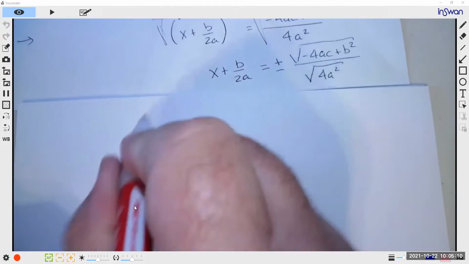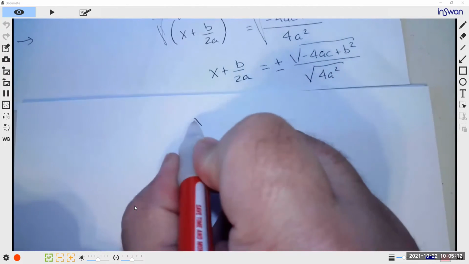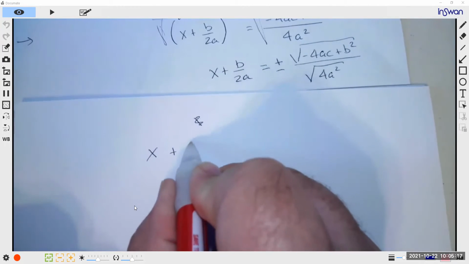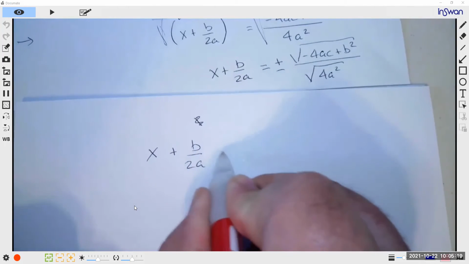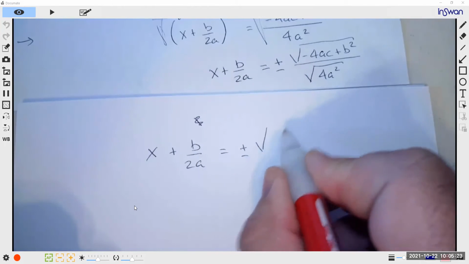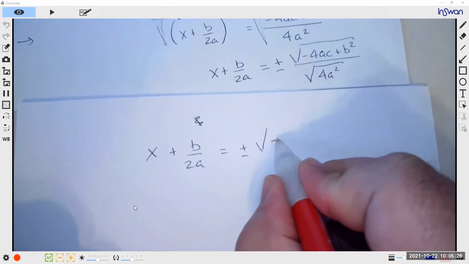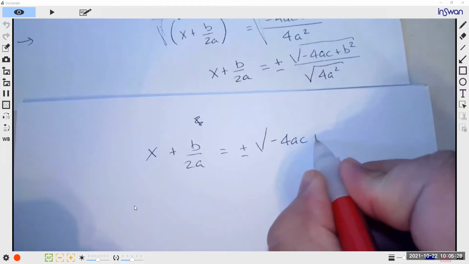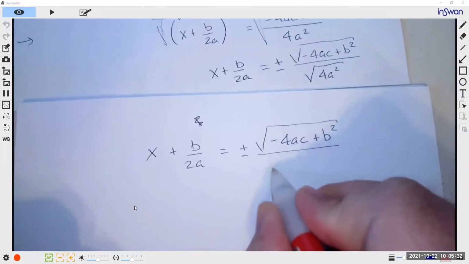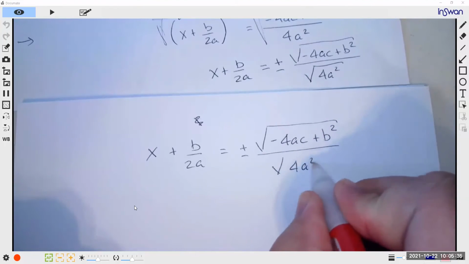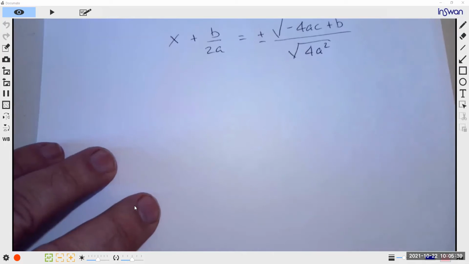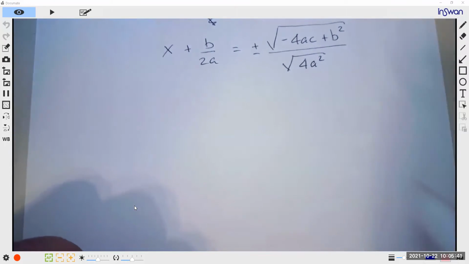So we have x plus b over 2a equals plus or minus, I'm writing this on the next page, square root of negative 4ac plus b squared over square root of 4a squared. Okay, let's simplify this now.